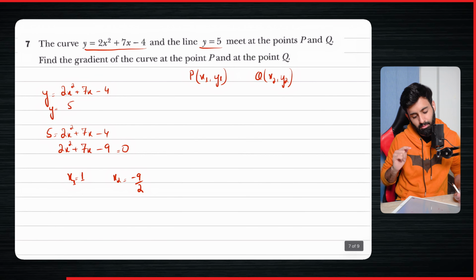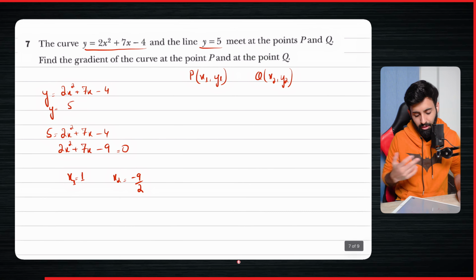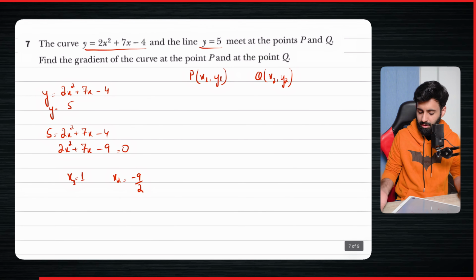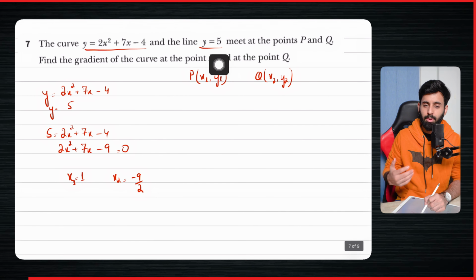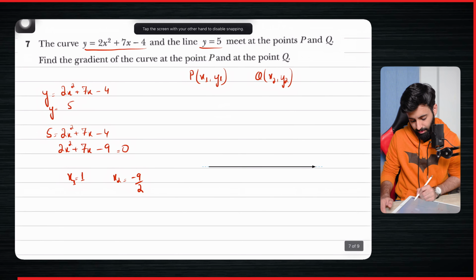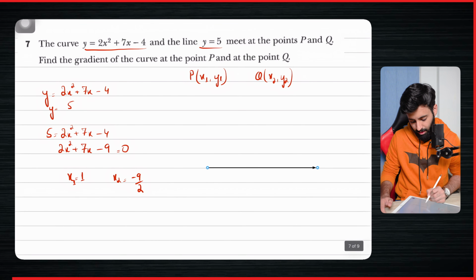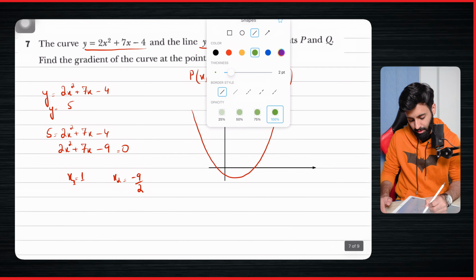Now in this particular question, normally when you're finding the point of intersection, we always give the value of y also. Here the question is not asking for the value of y, and it doesn't make sense to, because the value of y is going to be 5. We already know that we have a curve and a straight, horizontal line. So let's say this is the curve, and this is what the line looks like.